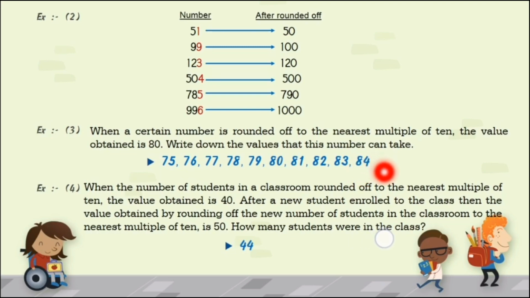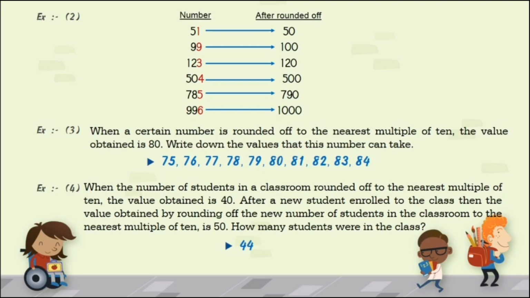Can we get 85? No, we can't, because the last digit of 85 is 5, so when we round off 85 to the nearest multiple of 10, it becomes 90. So the values from 75 to 84 are the answer.